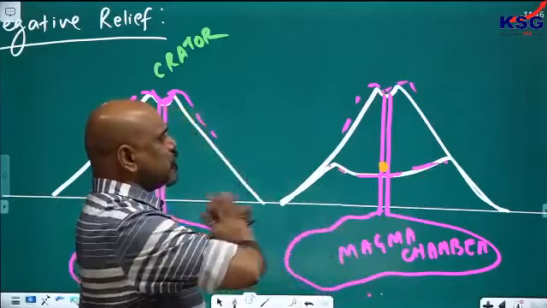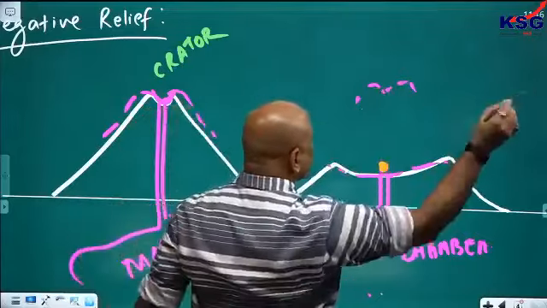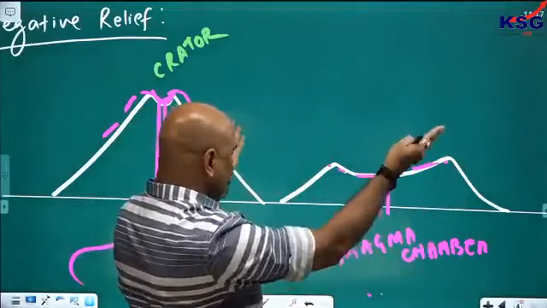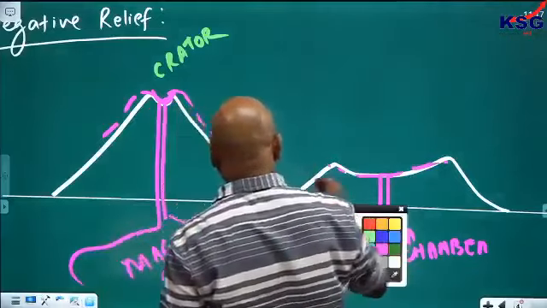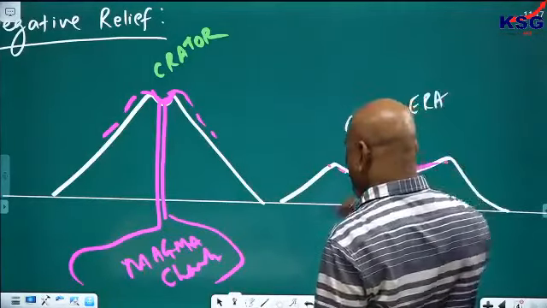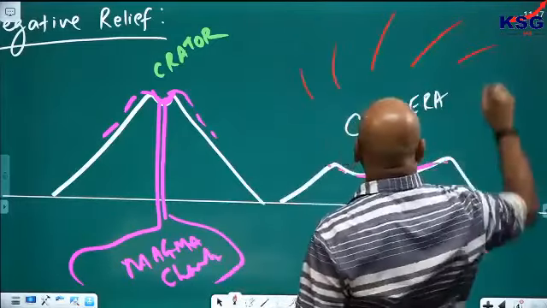Because of a huge explosion, this got exploded completely, and a huge depressed valley will develop. This is called what? Caldera. Because of explosion, everything got exploded.